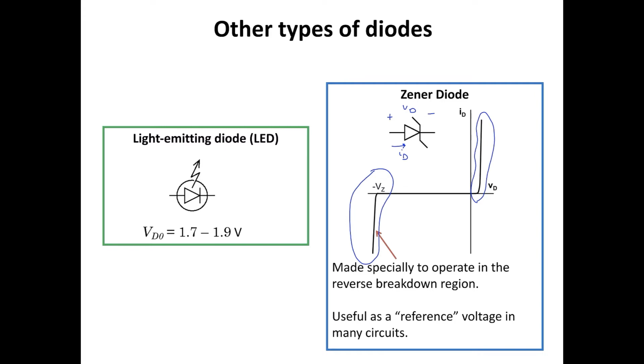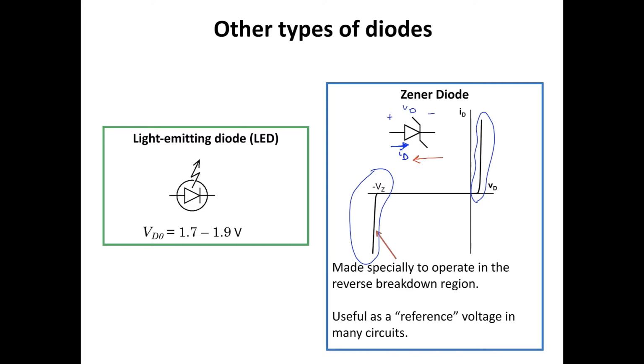In other words, in the Zener region, the current flows in this direction in the diode. So in the labeled direction for ID, if we label the current through the diode in this direction as ID, then this ID is going to have a negative value when the Zener diode operates in the Zener region.